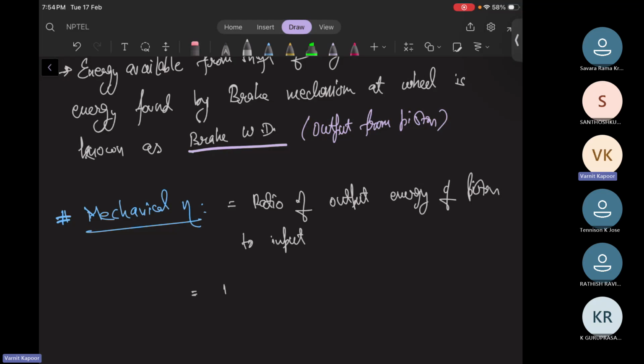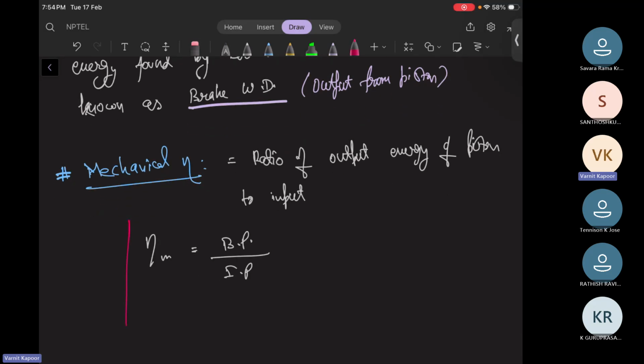That is nothing but your brake power to that of indicated power, eta M, mechanical efficiency.